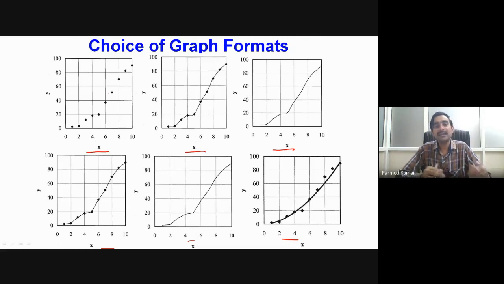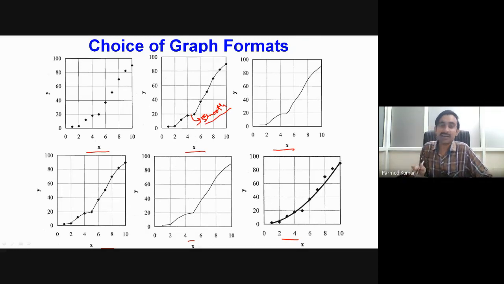Then in the second type of graph, we have the actual measurements plus, between the measurement points, a joined line, which represents a smooth fit between these points. So this is a smoothly fitted line in between the observed data set.